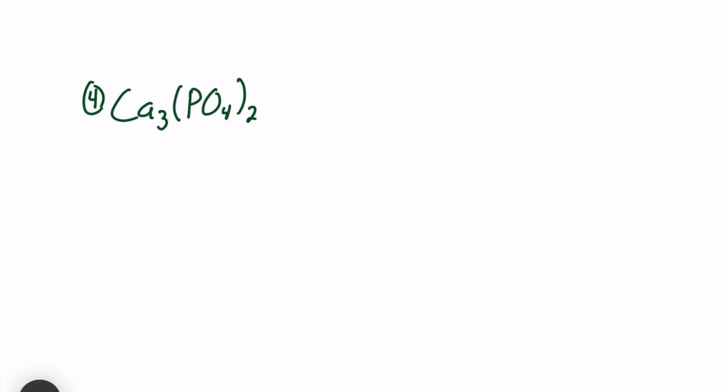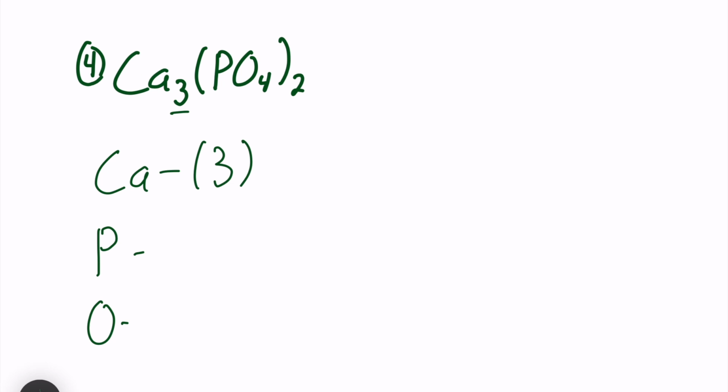So we have Ca3(PO4)2. Let's write down what makes up this molecule. So we have calcium, and there are 3 of them, right? We get the subscript 3 right beside Ca. Then we have phosphorus, and we also have oxygen again. Okay.